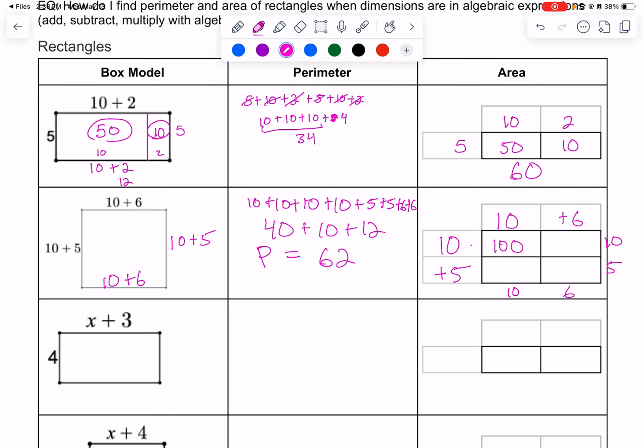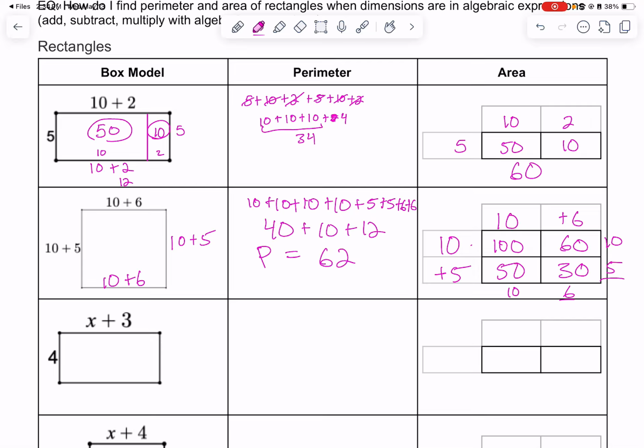So if I look at this top right corner, now I'm going to have a 6 and 10. That's going to give me 60. If I look at this bottom left corner, I have a 5 and 10. Multiplying those length and widths, I get a 50. And then the final one here with 6 and 5, that gives me a 30.